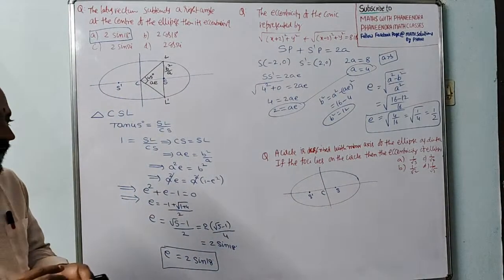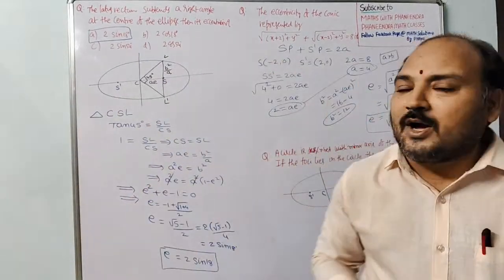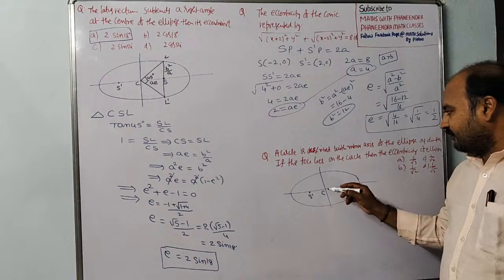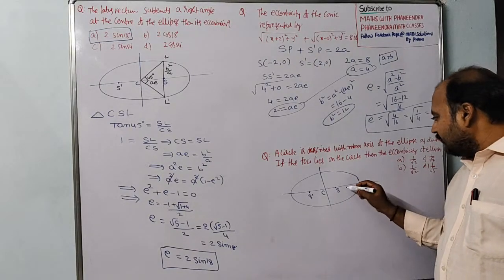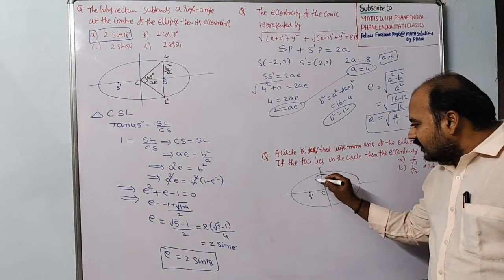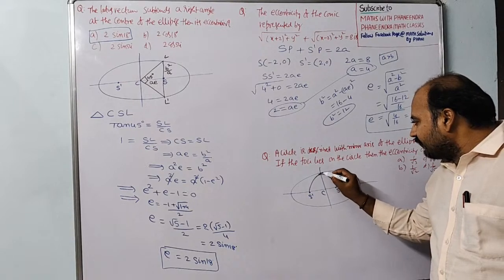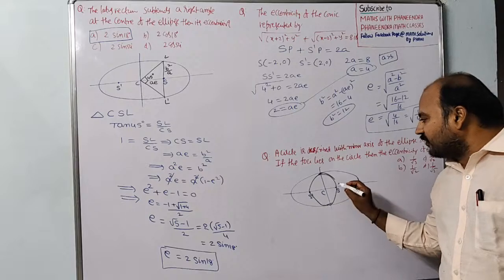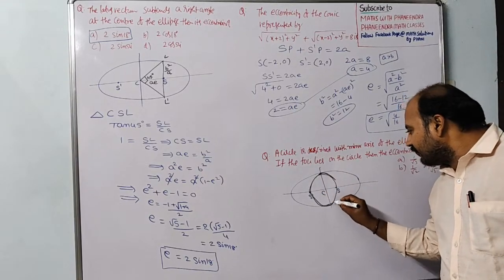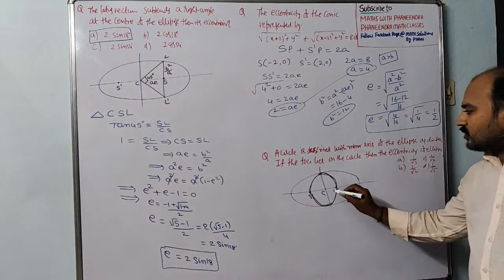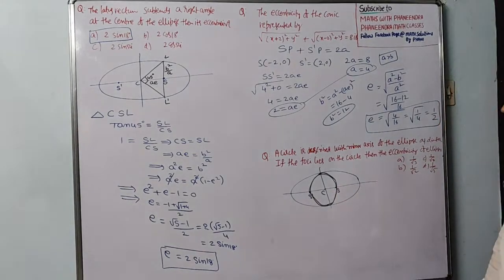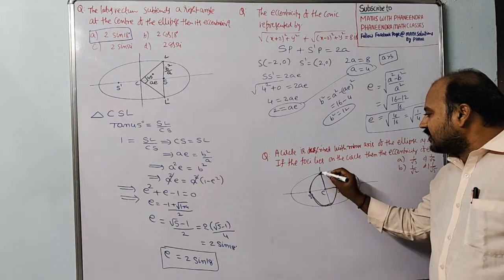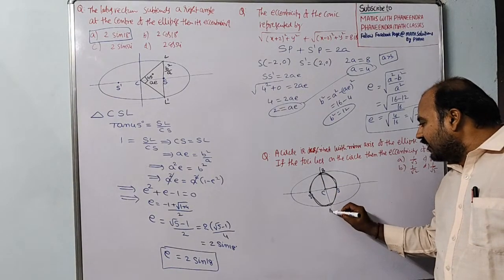They are asking to find the eccentricity of the ellipse, where the focus lies on the circle. This is the circle equation. Just a rough figure I am drawing. So the center is obviously 0, 0 only. CS and CB, this is B dash.